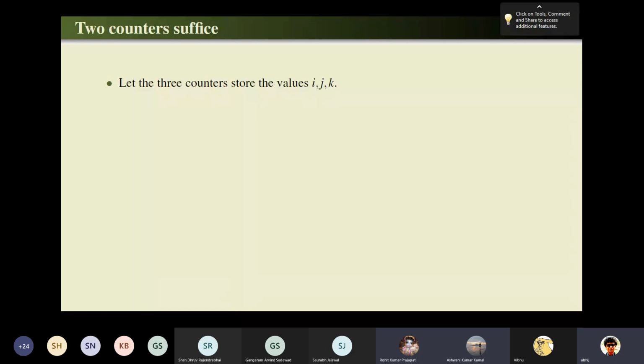And these 3 count values are i, j, and k. So I represent this i, j, and k by this integer 2 power i, 3 power j, 5 power k, and store this value in a single counter. Because of unique factorization of positive integers, this representation is unique. 2 power something, 3 power something, 5 power something, those 3 somethings will be uniquely determined by the counter value.